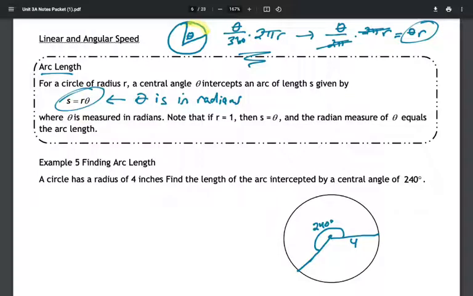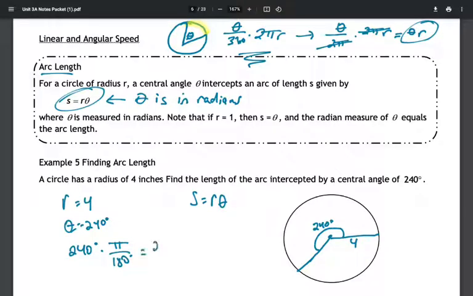Okay, so I'm going to use the new formula, S equals R times theta, which means our radius is 4 and our theta is 240. So I need 240 degrees to be converted to radians, so we'll do 240 times pi over 180.